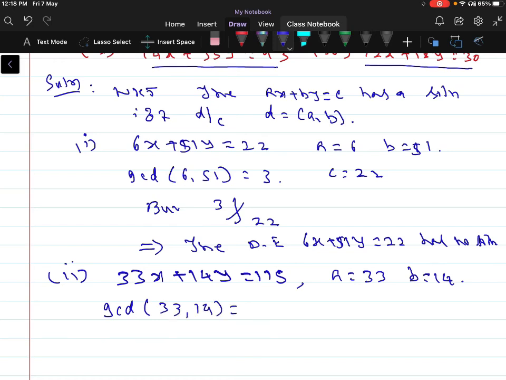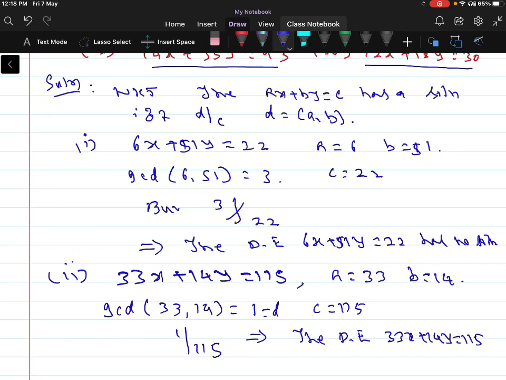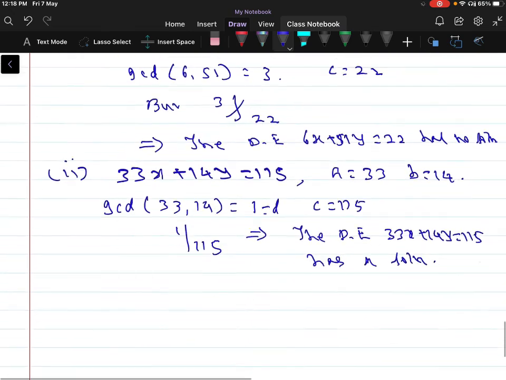So GCD of 33 comma 14 is 1 because 33 and 14 are co-primes, and here c is equal to 115 and d is equal to 1. So here 1 divides 115. So this implies the Diophantine equation 33x plus 14y is equal to 115 has a solution.